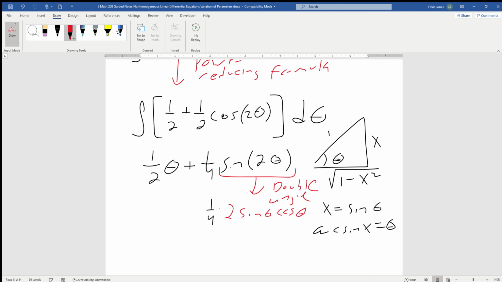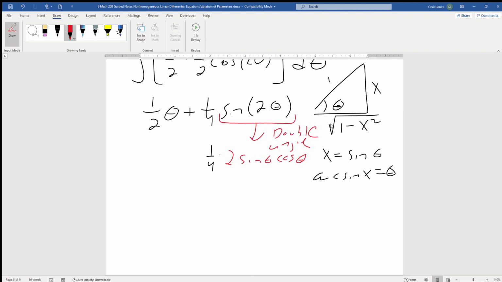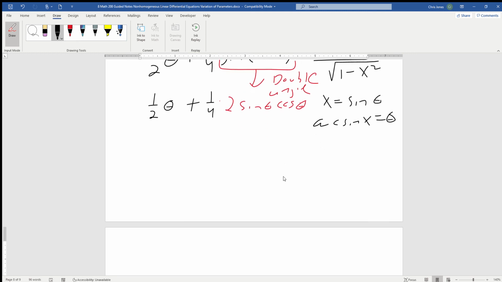All right, so pulling out all the stops of trigonometry as we go along here. Boy, this question could just be a final examination. All right, at this point we're going to simplify. We're going to back substitute, so we get 1/2 theta plus 1/2 sine theta cos theta. And mercifully, we're going to back substitute in terms of x.